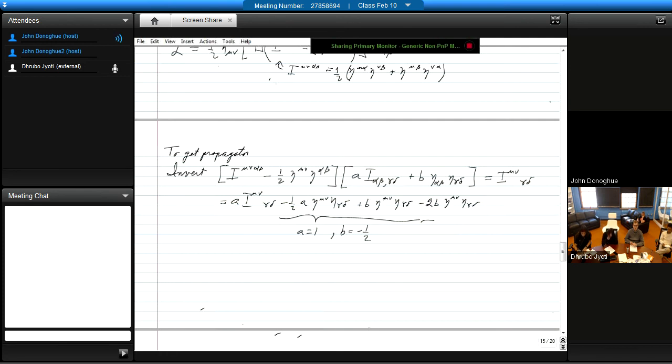So this allows me to invert the wave equation. Here's going to be my propagator.